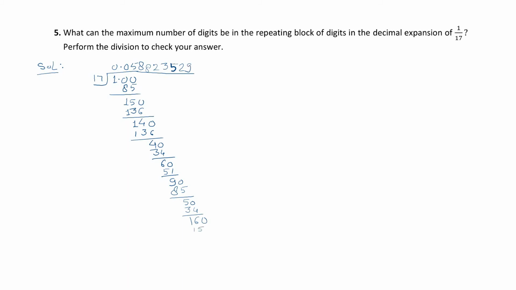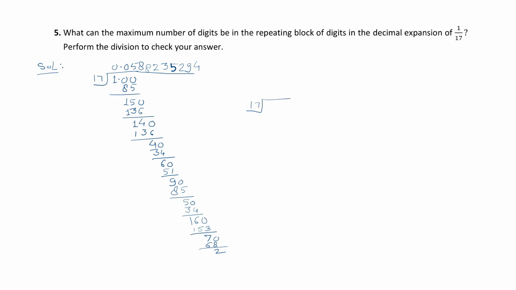Here again the remainder will be 7. 17 fours are 68. So the remainder will be 2. Further we will continue. The remainder is 2.